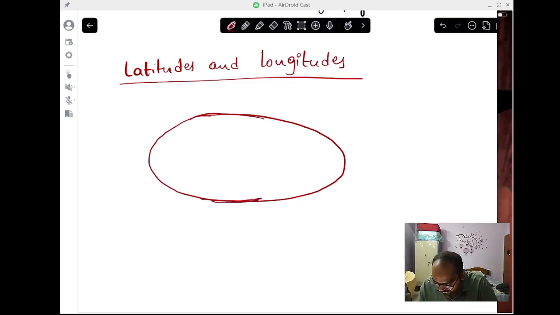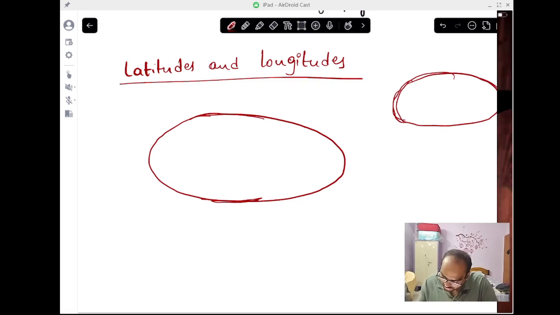A sphere will be bulged on all the four directions per se. But in case of Earth, it's flattened at the poles and bulged at the equator.